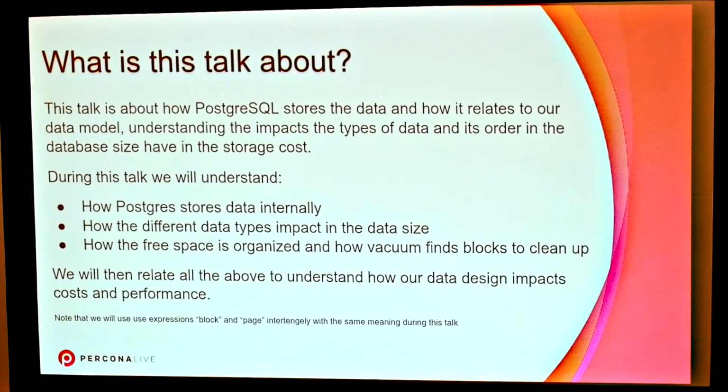Remember that in the beginning I said we're going to try to reduce the size of a table from 74, 76 megabytes to 6 something. So how is that possible without changing any data? And we try to correlate all of the above so we can have some savings, because the main idea of the topic is to save money, right? So this is what we want to do.